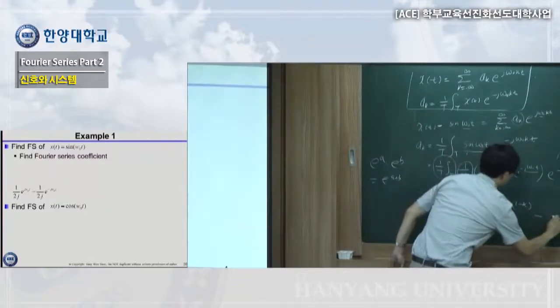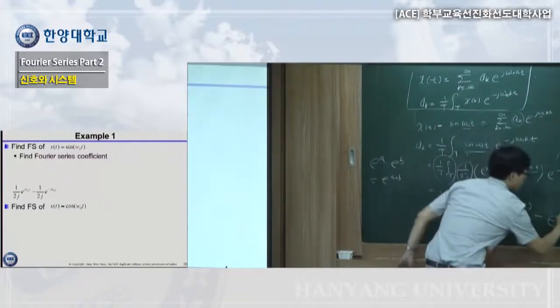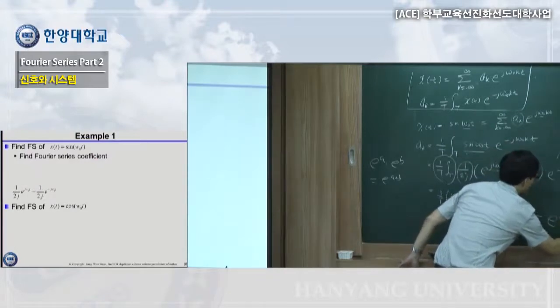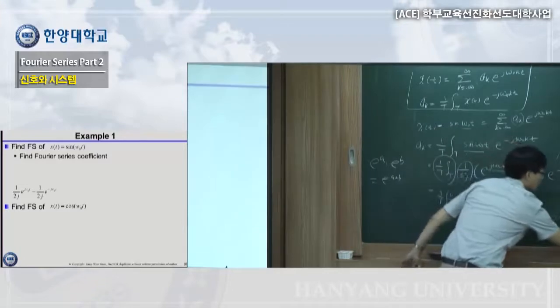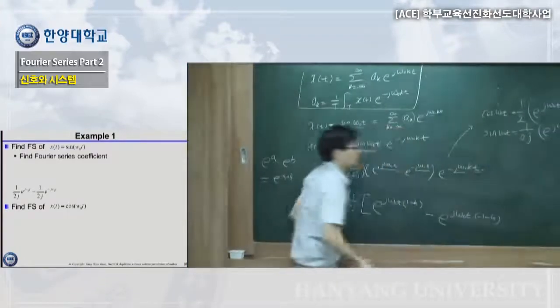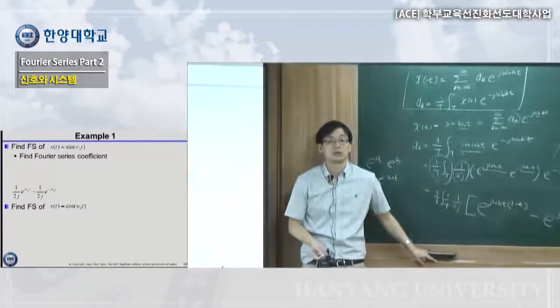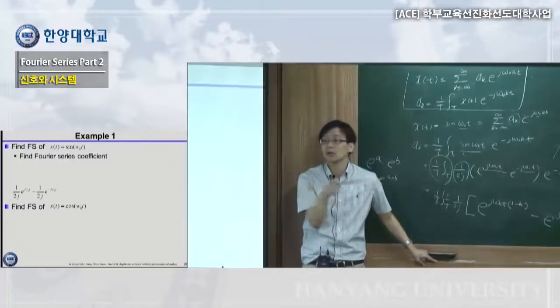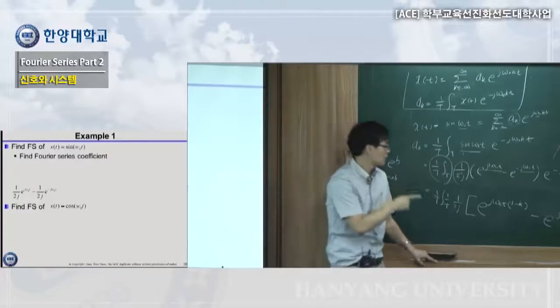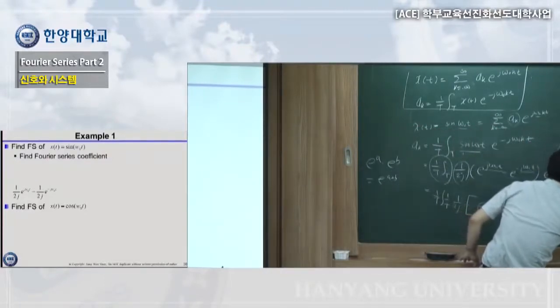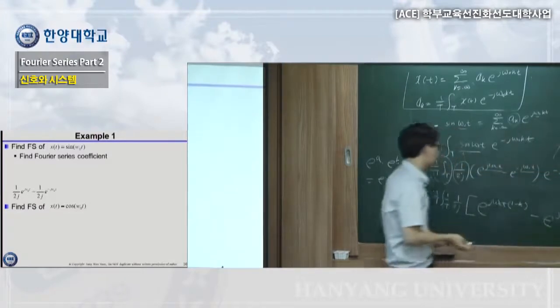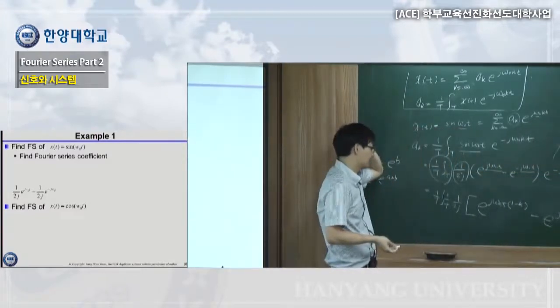There will be exponential j omega 0 t times minus (1 plus k), so minus 1 minus k. Is it following? And then we have dt.